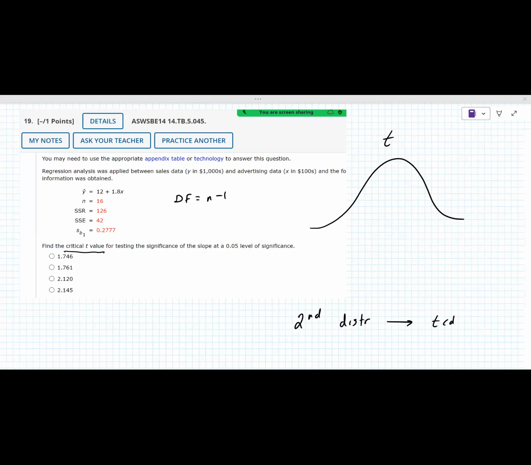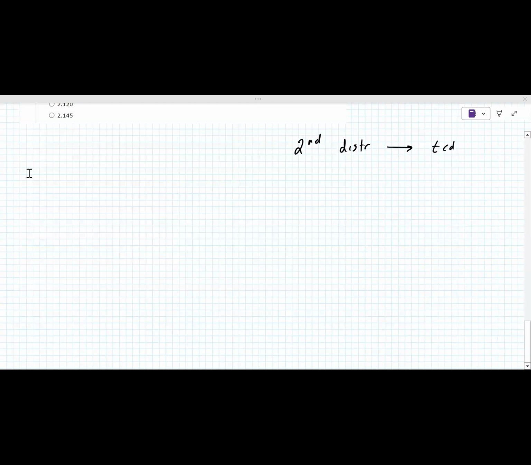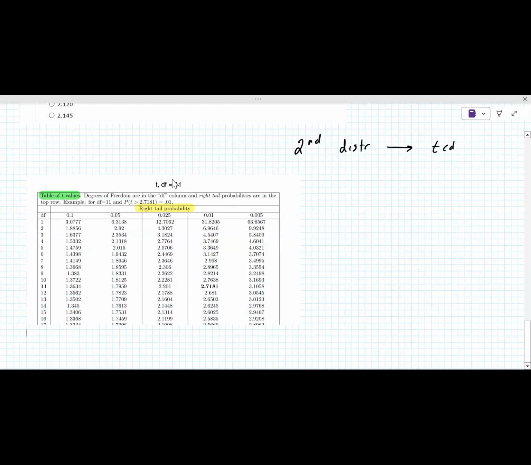Okay, let me pull up the table. And then this is degrees of freedom, 15. All right, so here's what I'm referring to. If you go to the reference sheet, the way this works is you go to your degrees of freedom, which is n-1, so 14.